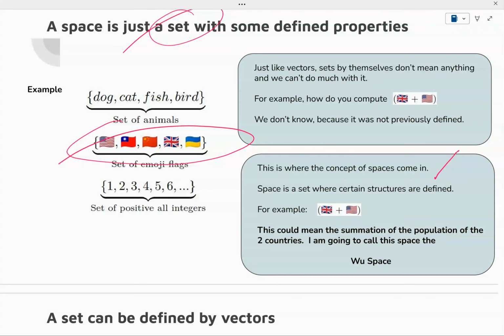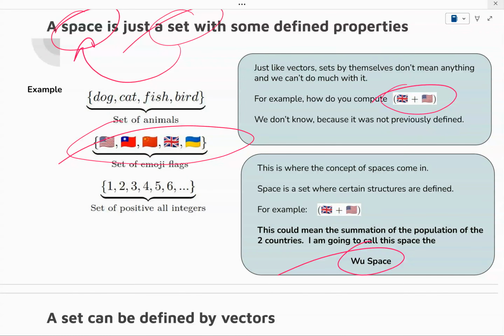Therefore, without any definition, we don't know how to add two things together. But as soon as I define the meaning of some kind of structure for addition, a set is now a space. And we have a name for the space. Depending on what you name it, it has different properties. We call it Wu space. And within the Wu space, these symbols make sense.